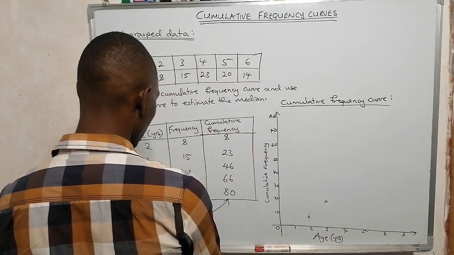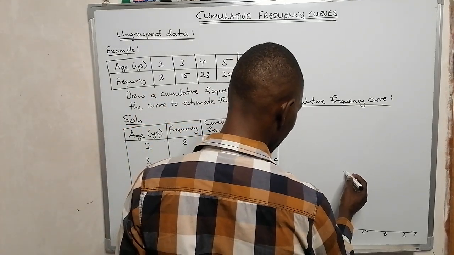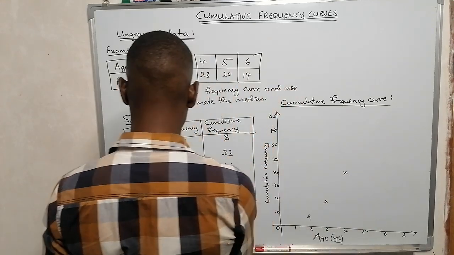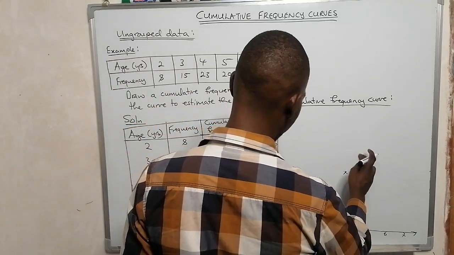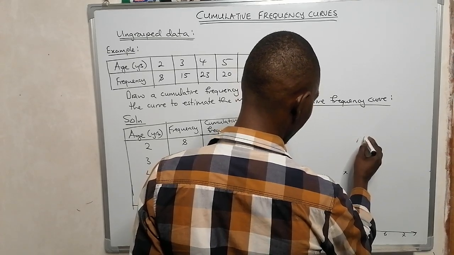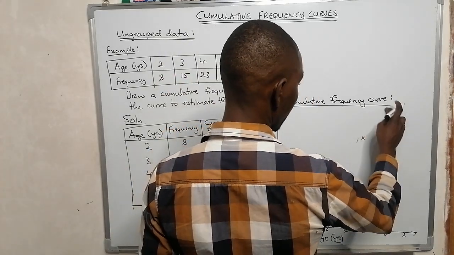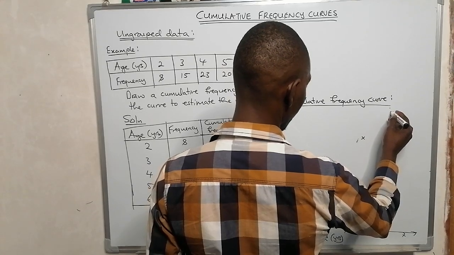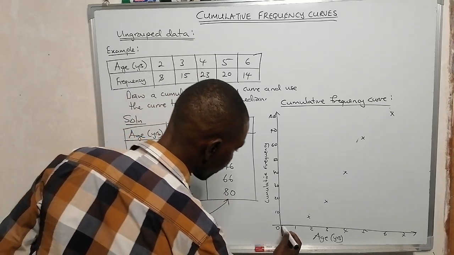Then 4 and 46, we also put a star. Then 5 and 66, and 6 and 80. Now we plot our cumulative frequency curve from 0.